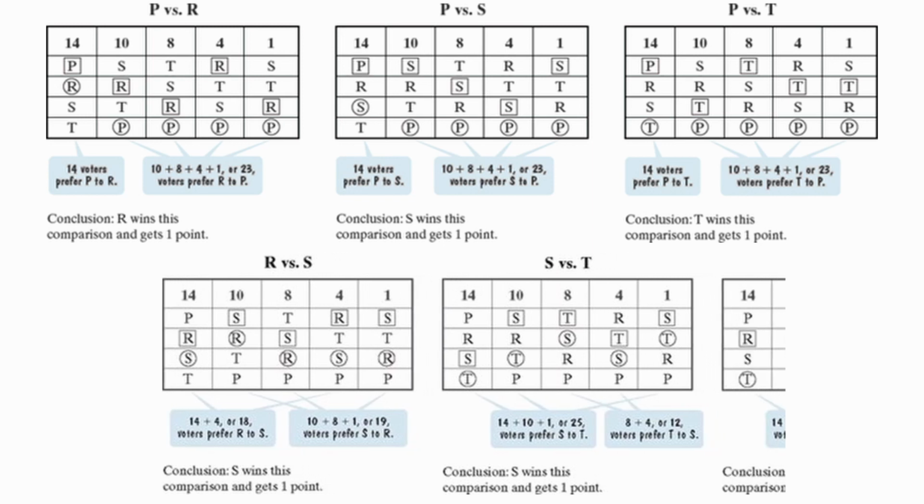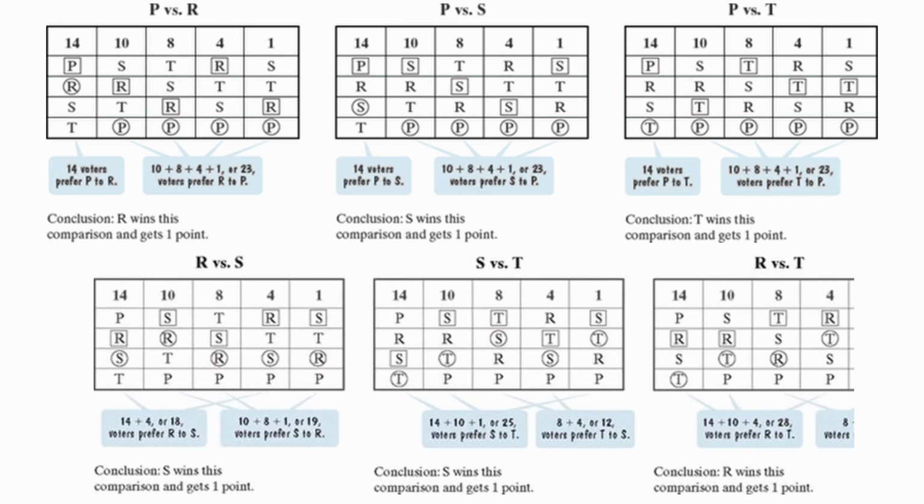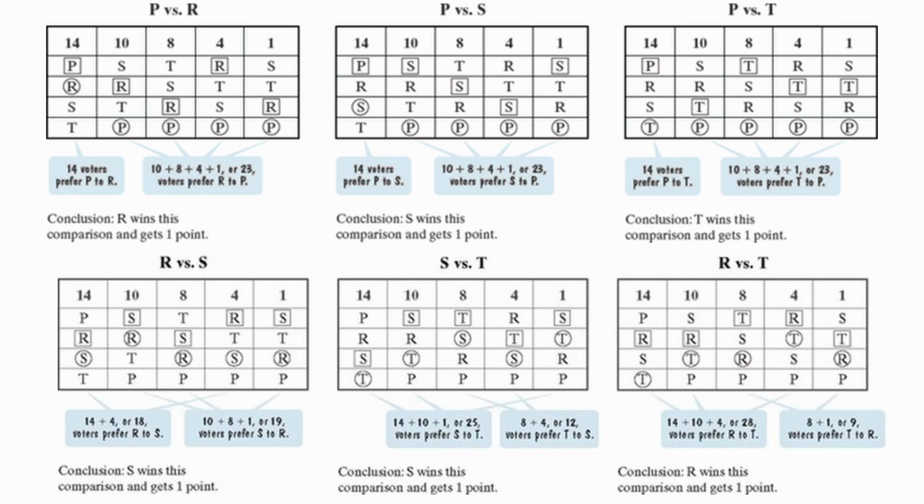And then finally, for Rome versus Tallinn, we have that Rome gets the first 14 and the second 10, while Tallinn gets the middle 8 and the last 1, and then the last 4 also, that fourth 4 also go to Rome. So Rome very easily wins that vote 28-9 to get another point.